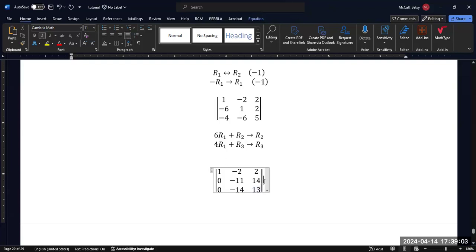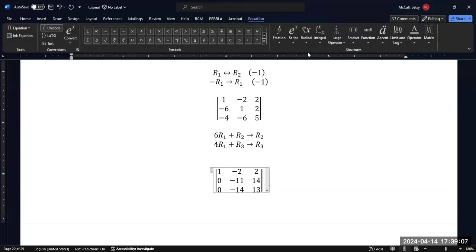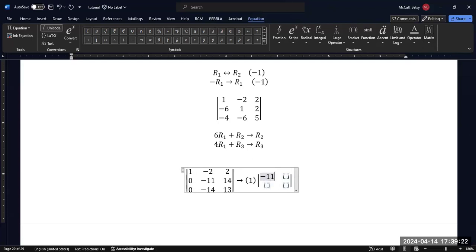And then again, I'm going to expand this on the first column, and that's going to leave me with a 2 by 2: negative 11, 14, negative 14, and 13.